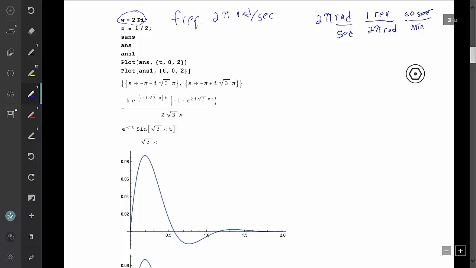You cancel the seconds, you cancel the radians, and you're left with revolutions per minute. So it would be 2 pi divided by 2 pi times 60. So this would be 60 RPM. Be able to convert back and forth between units on that.